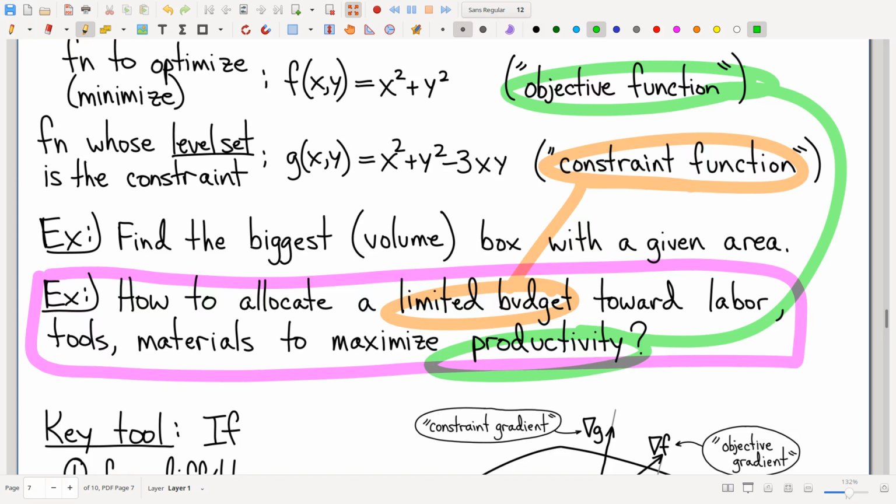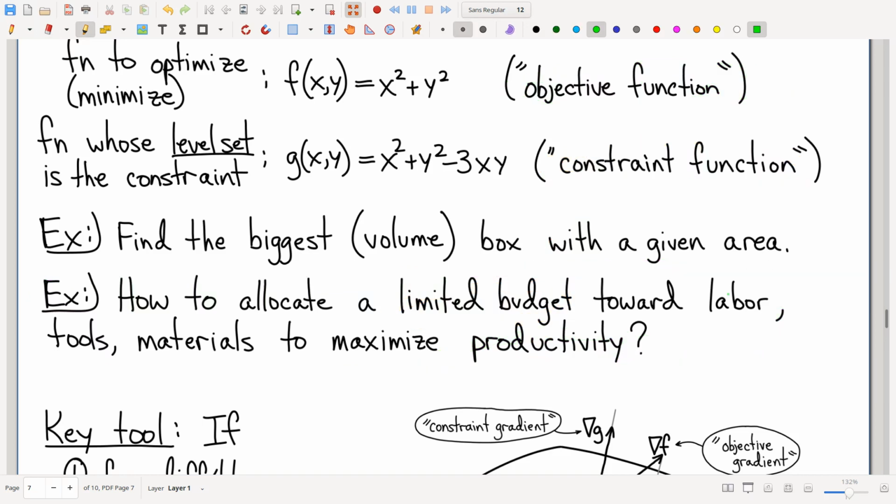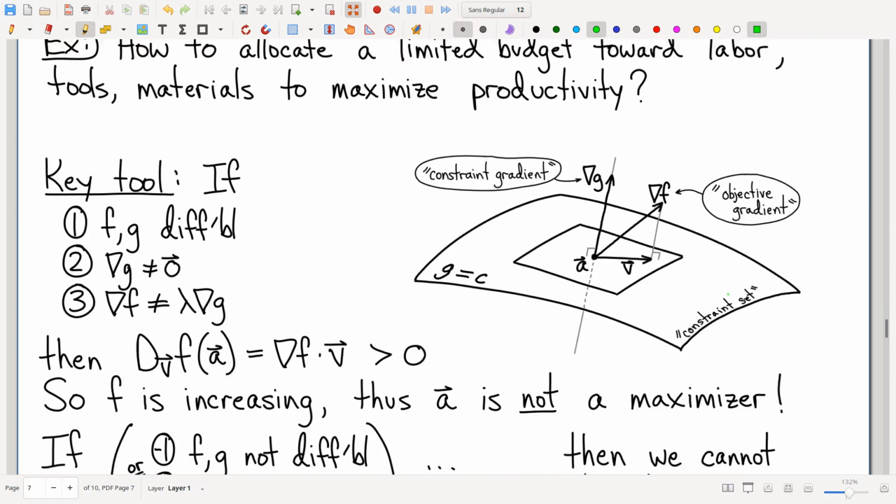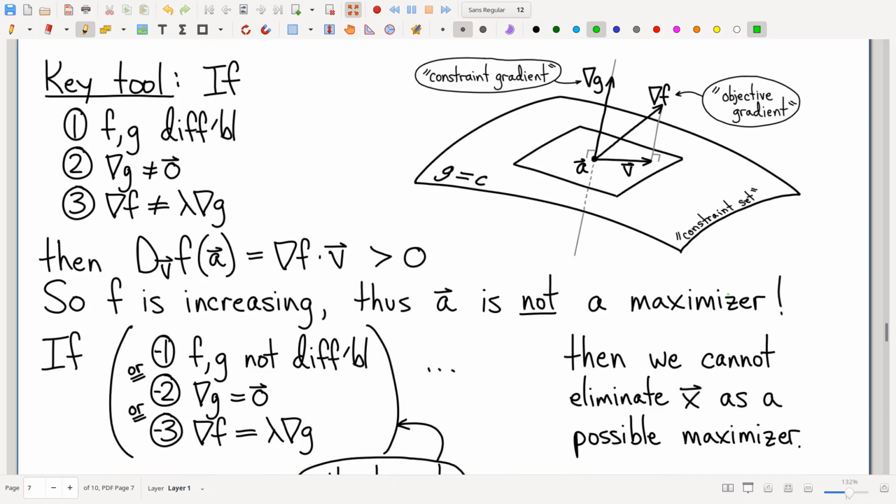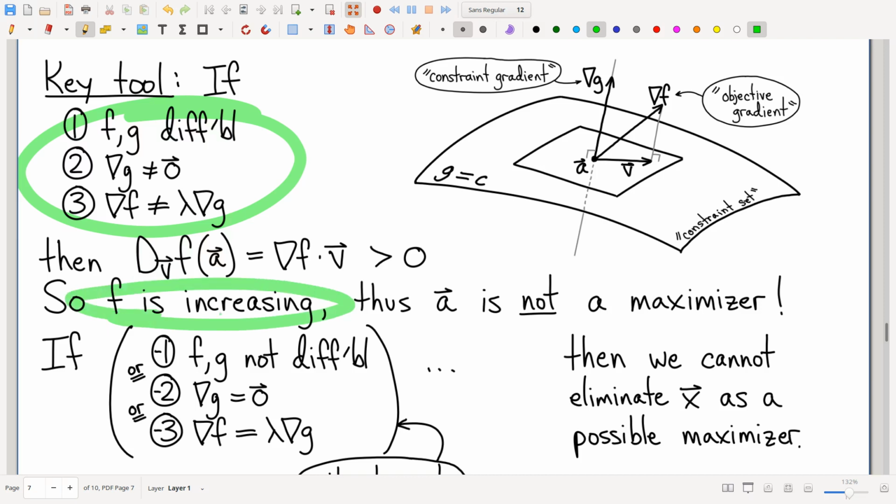All right. So why is this business about level sets so convenient? There's a lovely little argument here. I'm not going to go through all the gory details, but it turns out this is actually not that different from single variable optimization, in the sense that there is a collection of conditions I can write down that has the feature that at any point that satisfies those conditions, the function is increasing and therefore could not possibly be a maximizer.